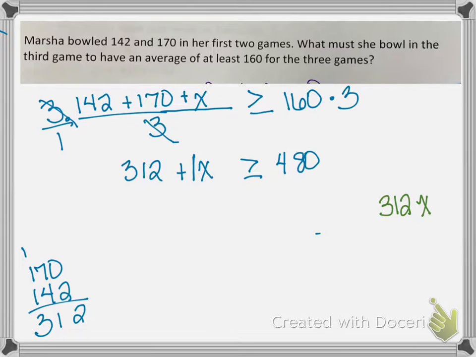What operation are you doing with the 312 and the x in the green? Multiplying, and that's not what we're doing here. We're just adding. And the way we undo addition is we subtract.